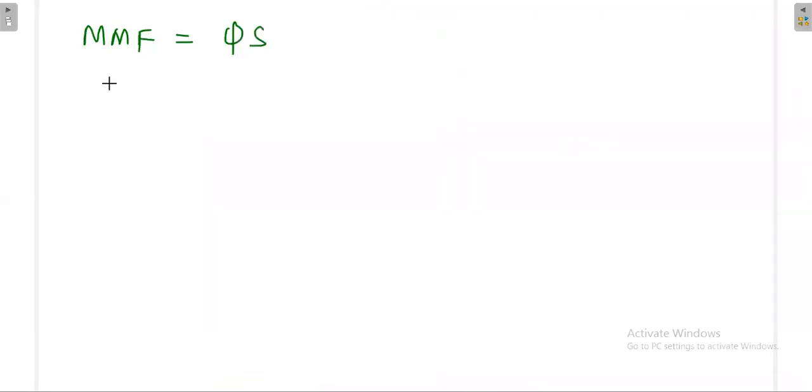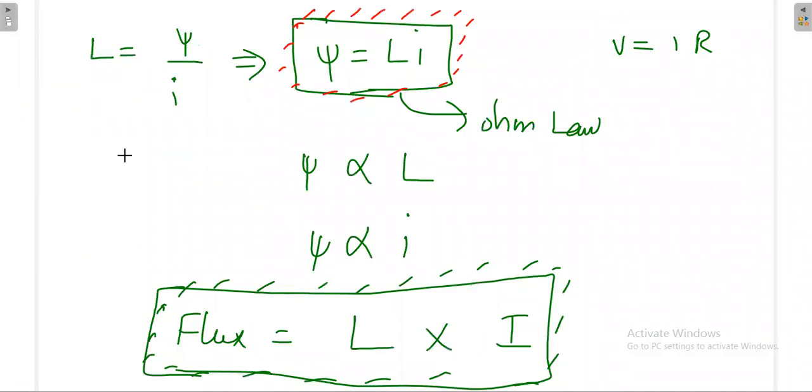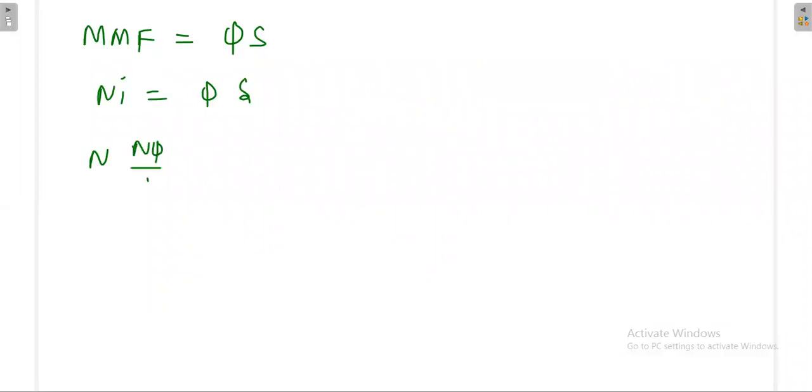MMF means N i, which is phi S. Again I can be replaced by N phi divided by L. So if you write that, this is N phi divided by L, equal to phi into S, so N square divided by L is equal to S.